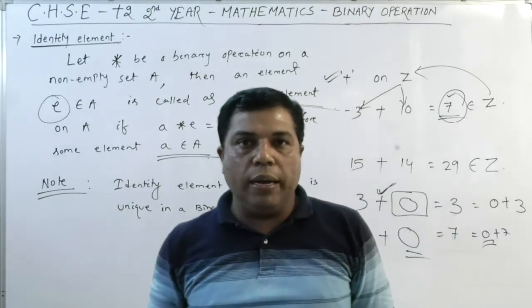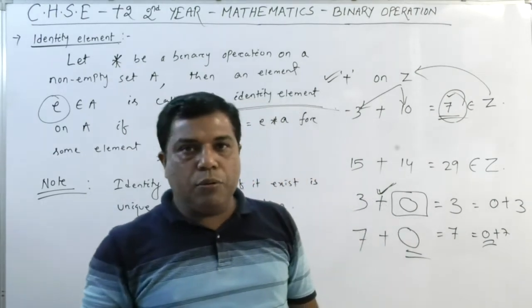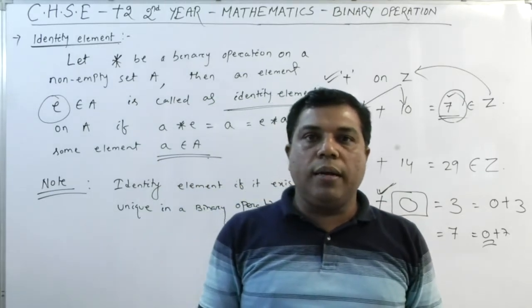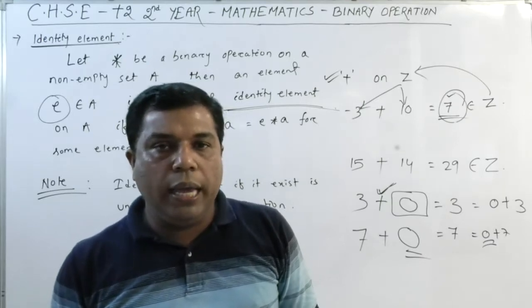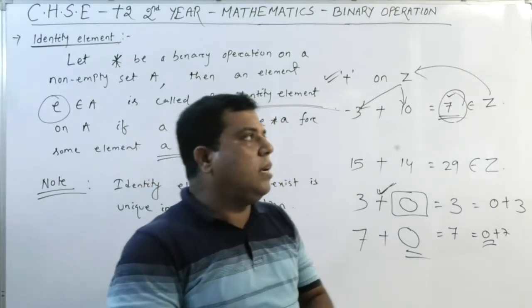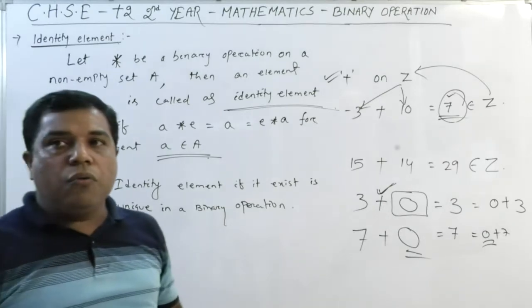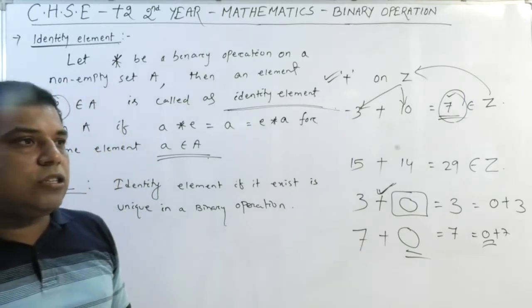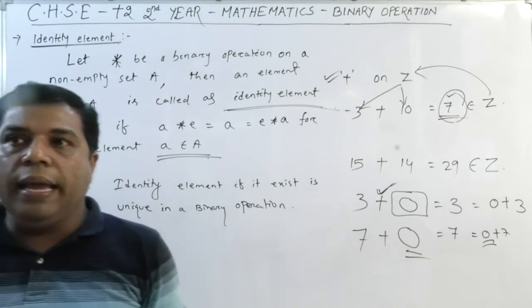The value of the given element remains as it is after the process. If such an element exists, that is called the identity element. So this is the concept of identity element. Now we proceed to another concept, called the invertible element or inverse of an element.